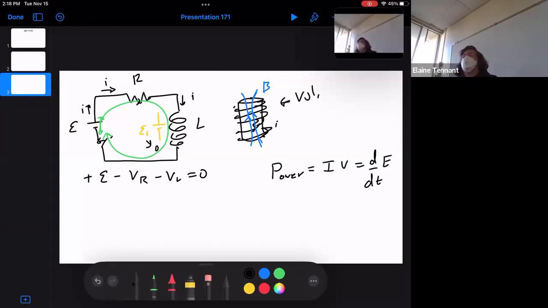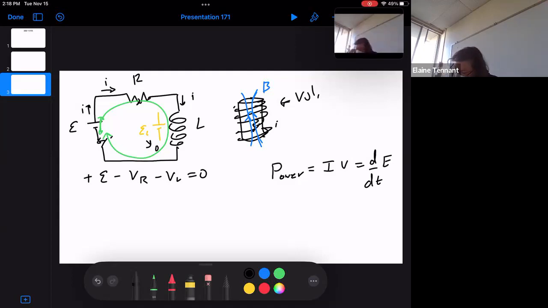Right? Power is the rate of change of energy. So I have a bunch of voltages. If I multiply by a current, I have power. So I know I can get to power. And then I know that through power, I can get to energy. So that's where I'm going with this.